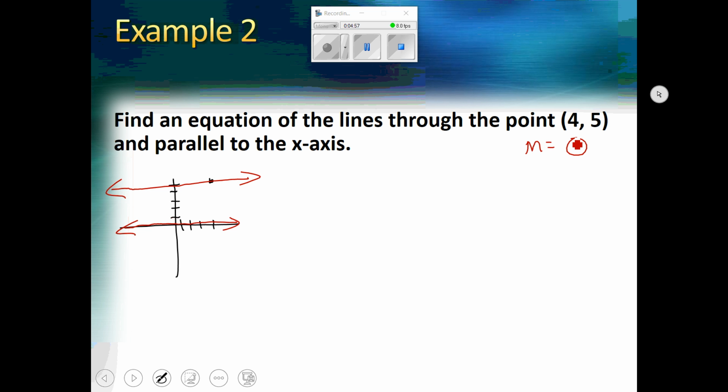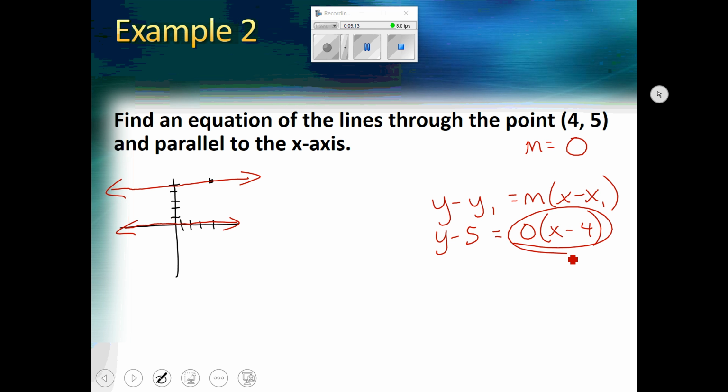So you could plug in to point-slope: y - y1 = m(x - x1). So y - 5 = 0 times (x - 4). My question is, what is 0 times anything? It's going to end up being 0, and then you move this over, you get y = 5.